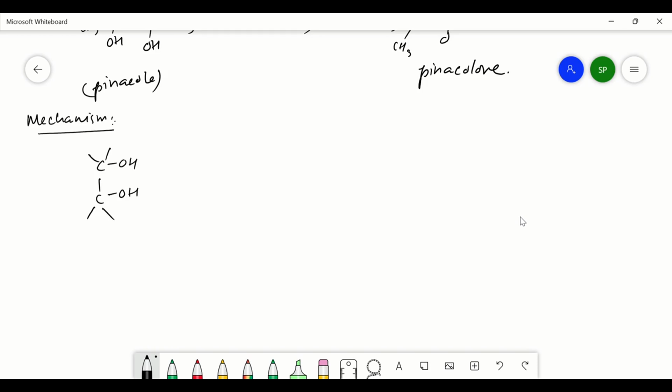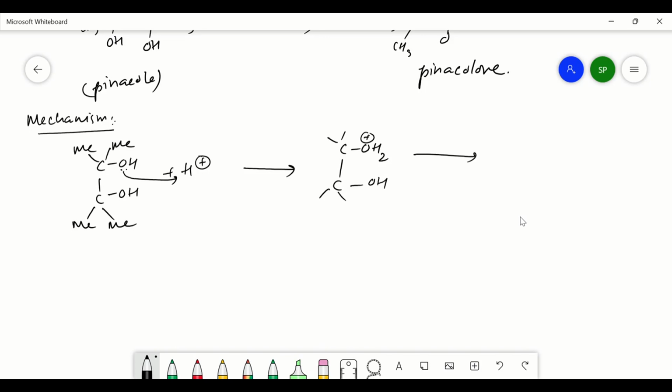If we consider these four are 4 methyl groups, let me write. These are 4 methyl groups. This is H plus. In the first step, this will protonate, and there will be formation of OH2 plus, with 4 methyl groups attached. Now this is a good leaving group, and there will be removal of water and formation of carbocation.